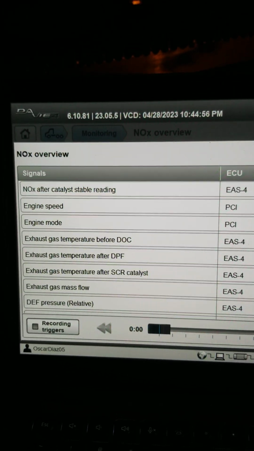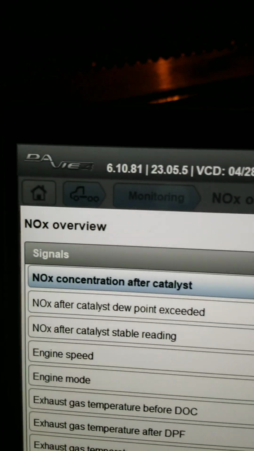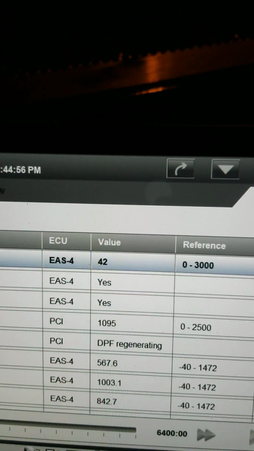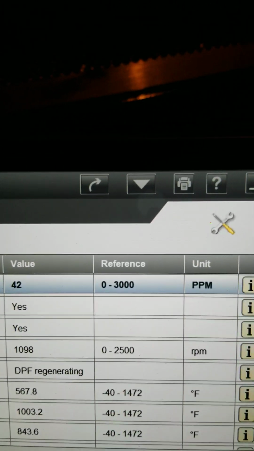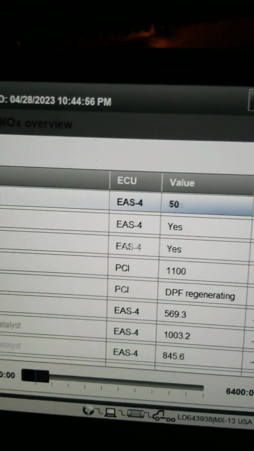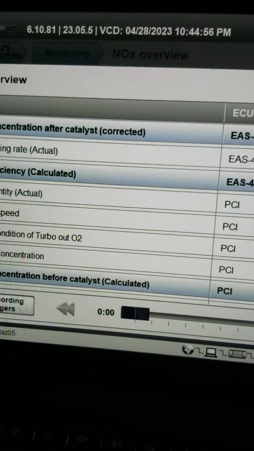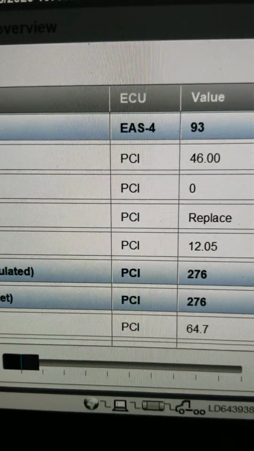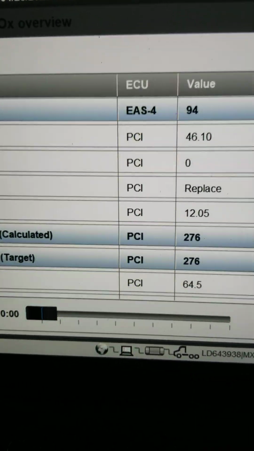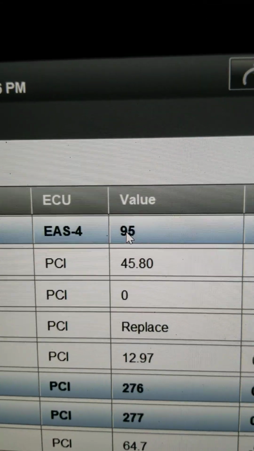The amount coming out is the NOx concentration after catalyst, which is 43. So 43 ppm are coming out of the system, and the system is receiving 276. Those two values give you 94% efficiency.